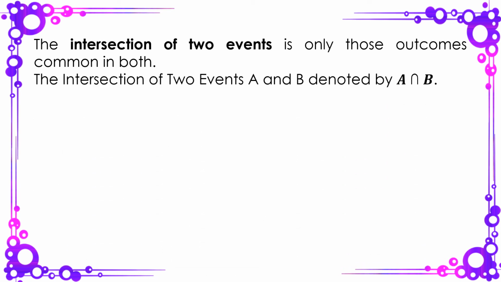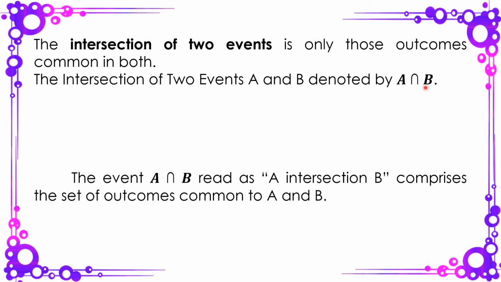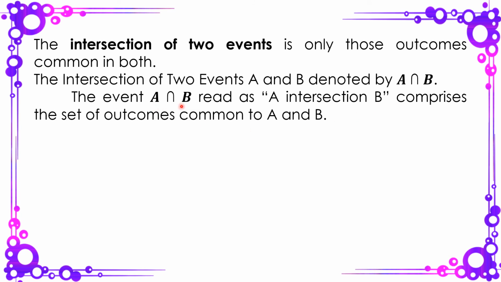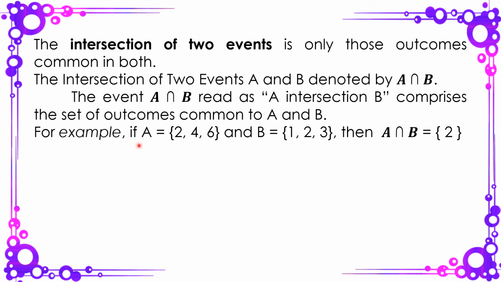So the intersection of two events A and B is denoted by A, so this is the symbol for intersection, B. The event A intersection B comprises the set of outcomes common to A and B. For example, if A is equal to 2, 4, 6, and B is equal to 1, 2, 3, then A intersection B is 2. Because we have common outcome, number 2 in A, and also of course number 2 in letter B.